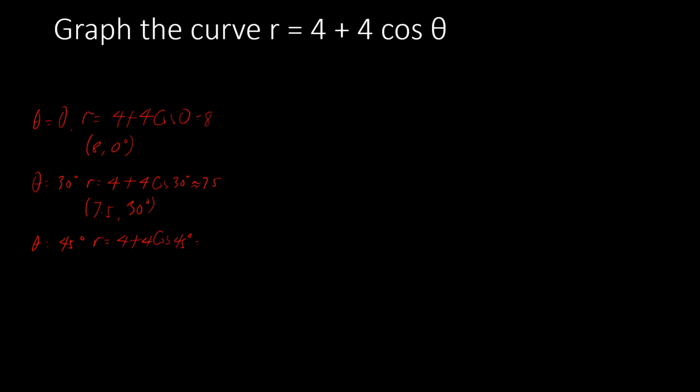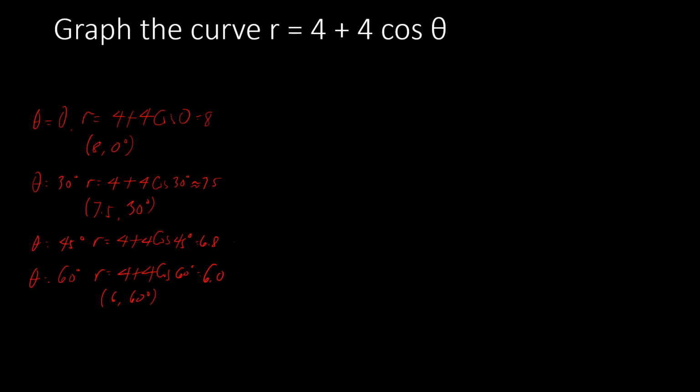Cosine of 45 is 0.707 times 4 plus 4. That will be about 6.8. Then next, theta 60 degrees. So R is 4 plus 4 cosine of 60 degrees. Cosine of 60 is 1/2 times 4 is 2, and 4. That will give us 6. So we have the point 6, 60 degrees.